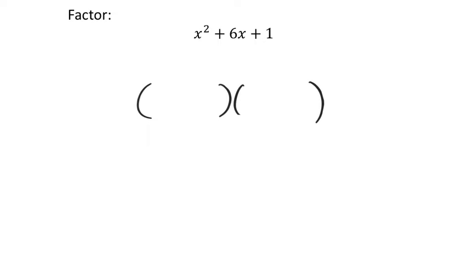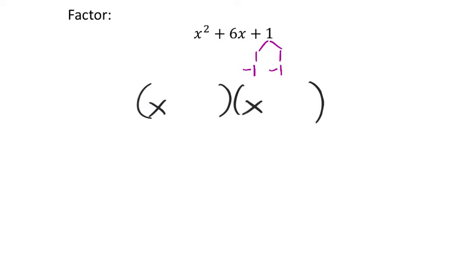So remember, this sets up, and it specifically is because the coefficient of x squared here is a phantom 1. I get to put my x's in here. All I need now is two factors of 1 that add up to 6. I'm pausing for dramatic effect because the only factors of 1 that I can think of are 1 and 1, and also negative 1 and negative 1.